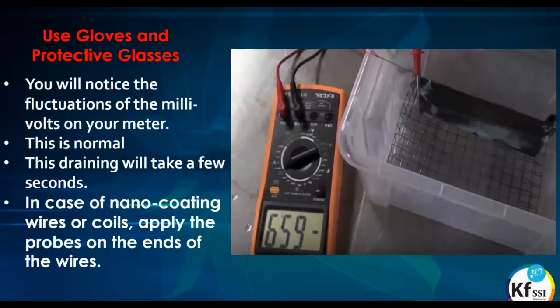Let me say something. When you measure resistance, so you measure ohms, which you don't do here, in that case the multimeter applies the voltage of its internal battery, and always the red is positive and the black is negative. But if you use the voltmeter, it doesn't matter, because the display will show plus or minus voltage.